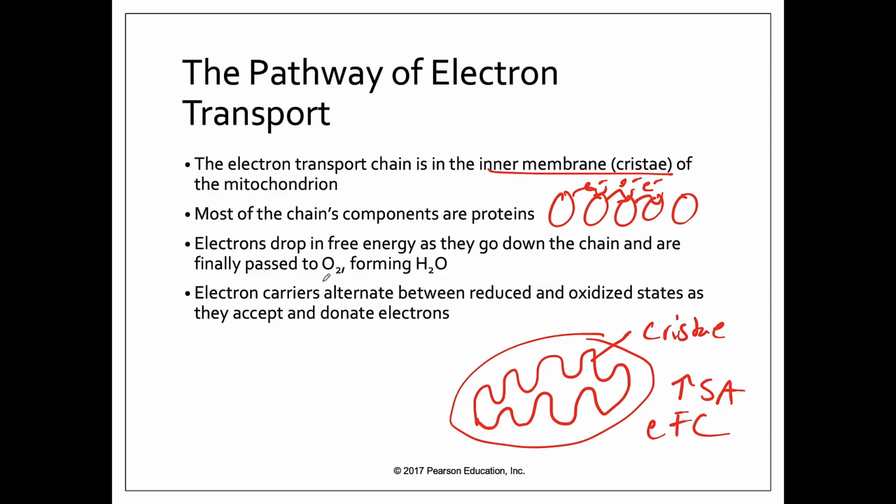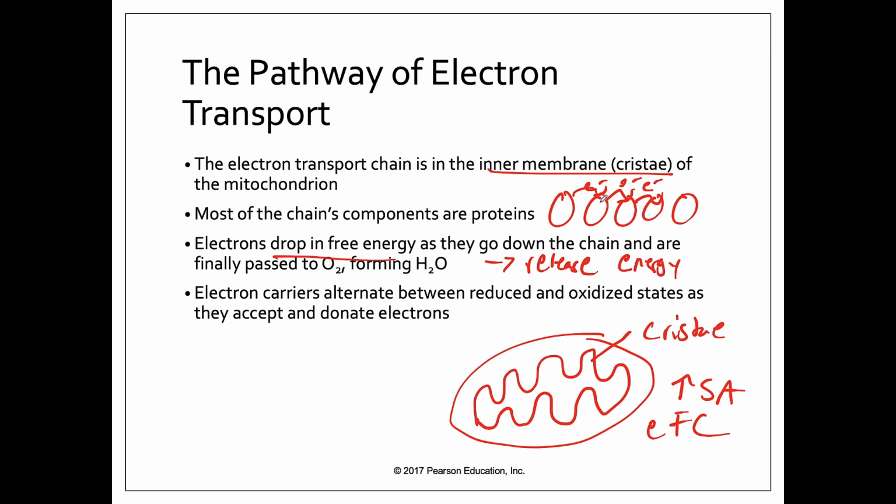As the electrons are passed, they lose free energy. That means they have a negative delta G. So this is spontaneous, and they are going down in energy. When you go down in free energy, you are going to release energy. And that energy is going to be used to power movement of molecules.